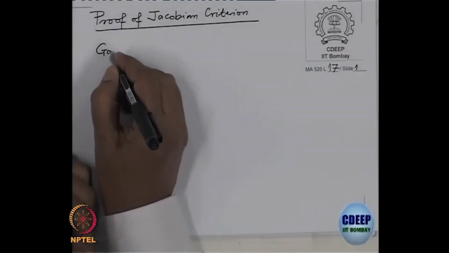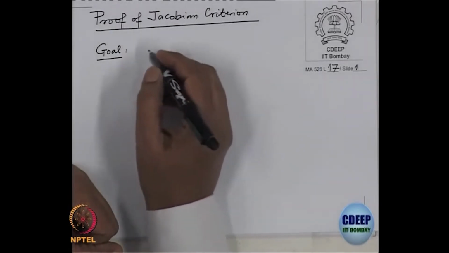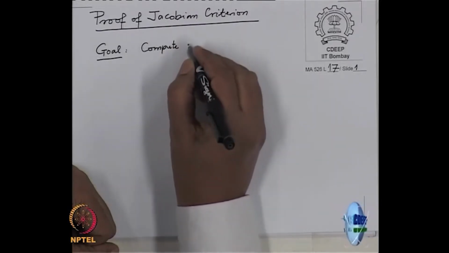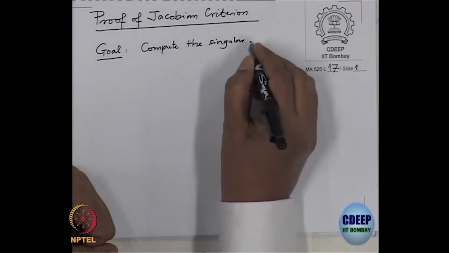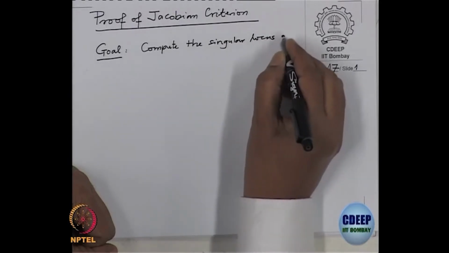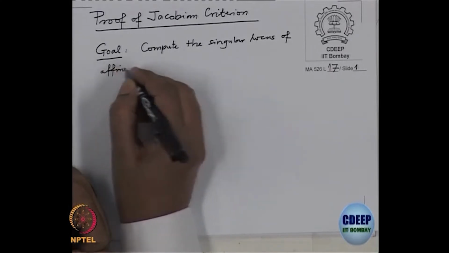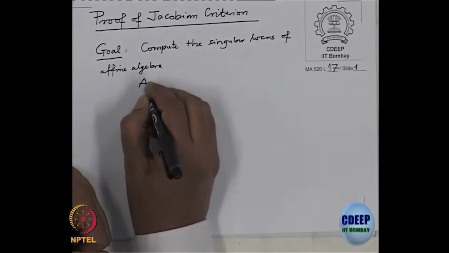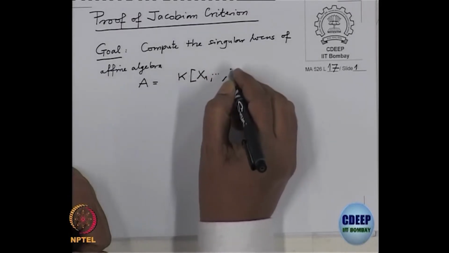So, today the goal is, and then we will state precisely, we want to compute or calculate the singular locus of an affine algebra A, which is k[x1,...,xn] modulo some ideal.